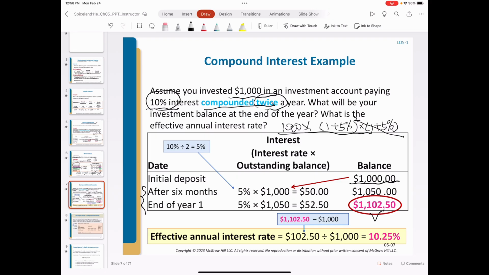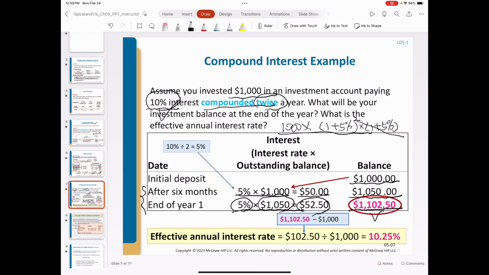This just shows the detailed process of how the interest is compounded and accumulated. In the first half year, it generates 5%, which is half of the annual rate, so it generates $50 interest. The principal becomes 1,000 plus 50. Then 1,050 becomes the principal at the beginning of the second half year. Again, it accumulates 5%, so the interest in the second half will be 52 dollars and 50 cents.